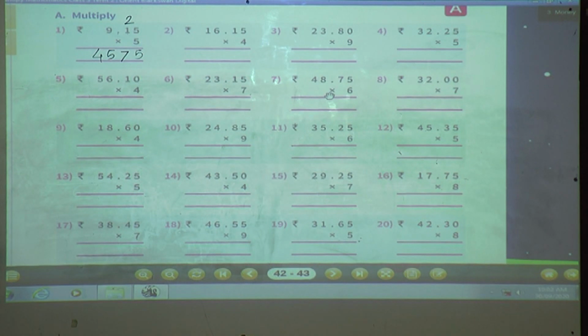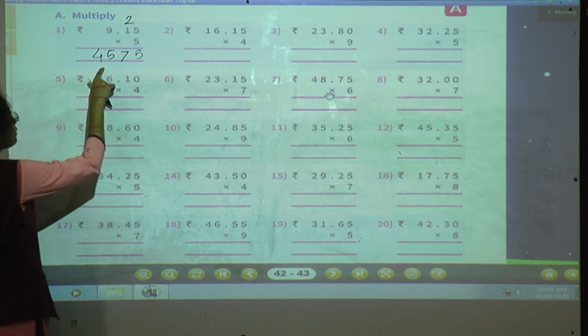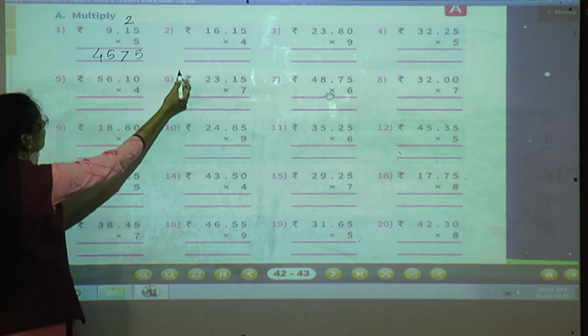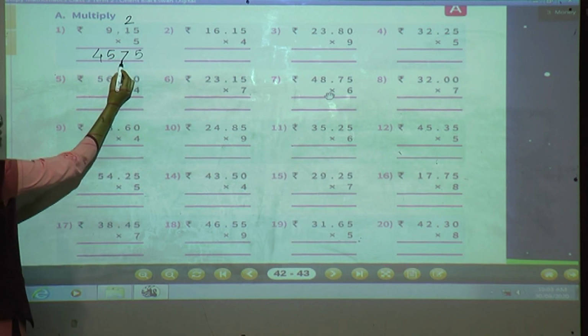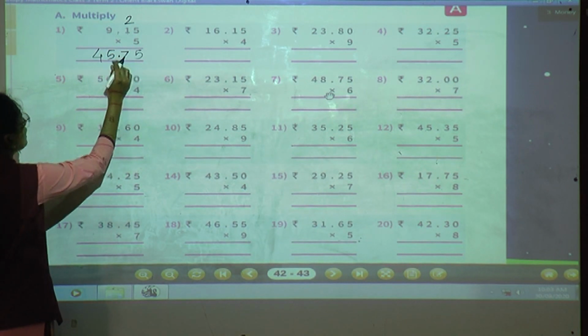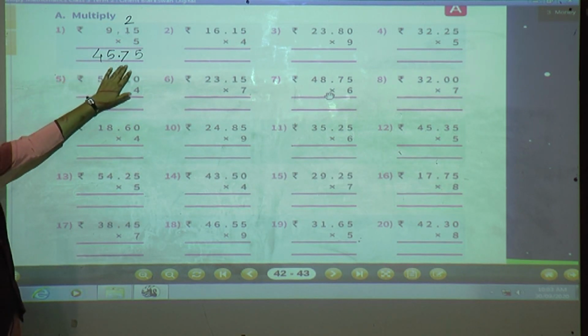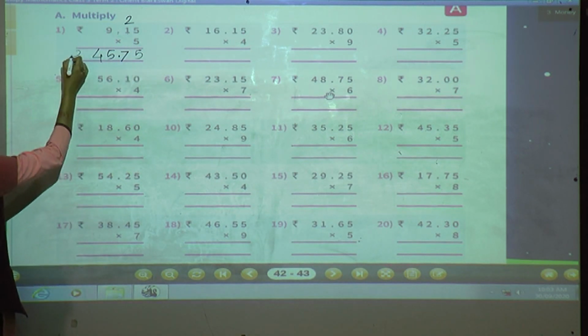So in the answer also we have to give a dot before the second digit from the right. Which is the second digit from the right? 7. So before 7 we have to give the dot. In this way we got the answer, 45.75 rupees.